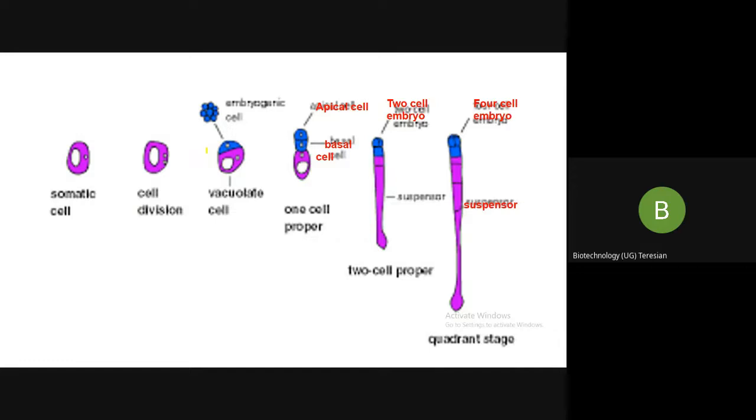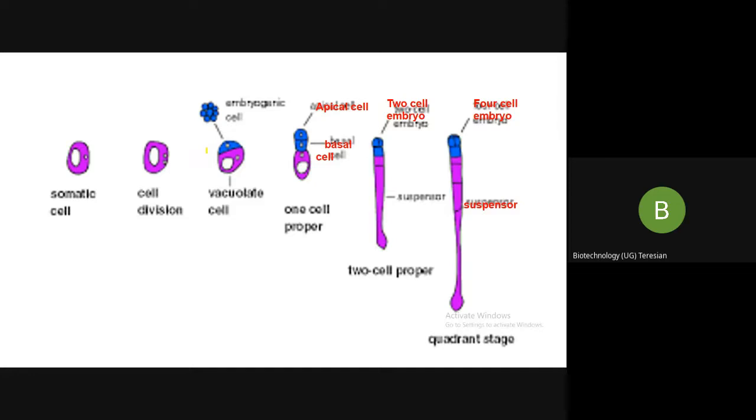The process of formation of an embryo is called embryogenesis. Embryogenesis starts from a single embryogenic cell. That can be a zygote. What is a zygote? It is a product of the fusion of an egg and a sperm during fertilization, or an undifferentiated callus cell. So, the zygote is naturally formed.